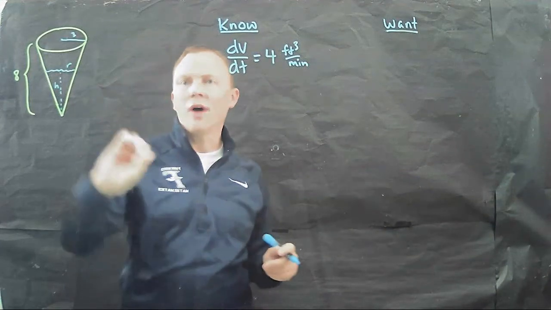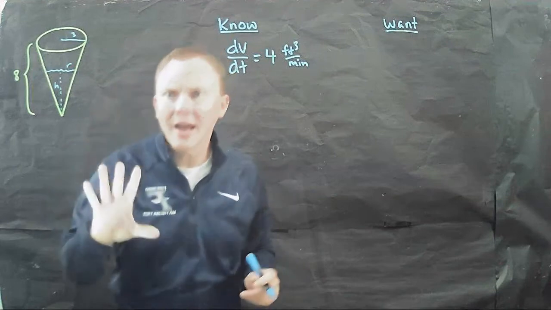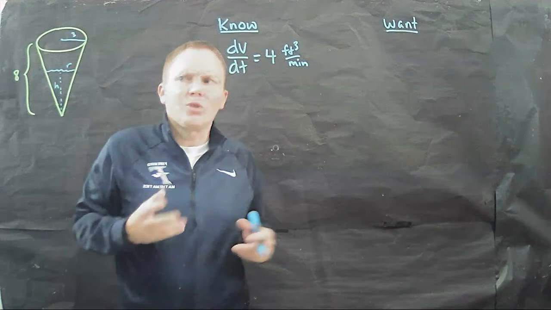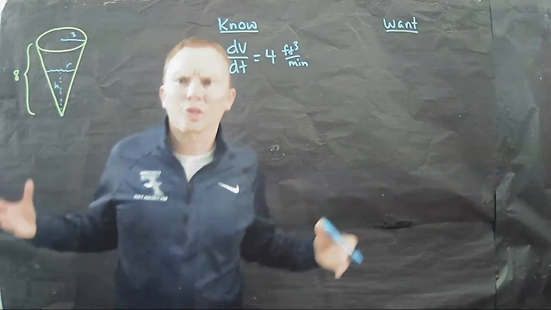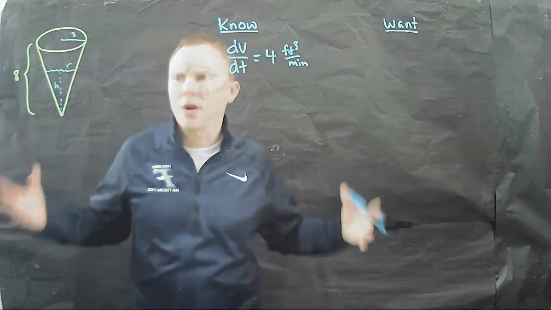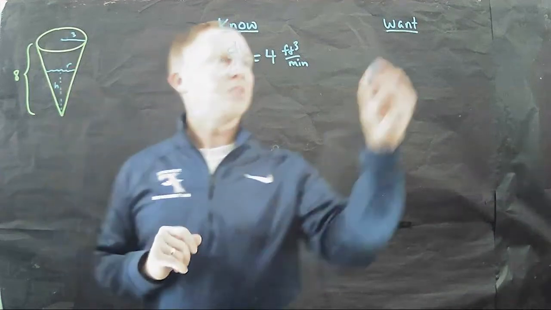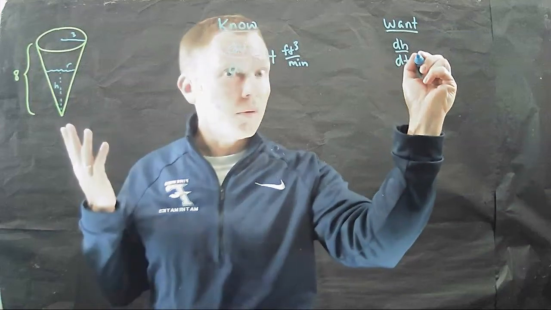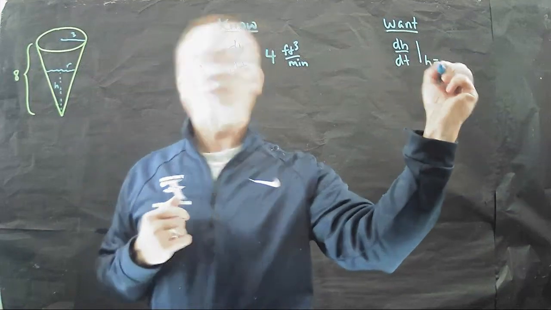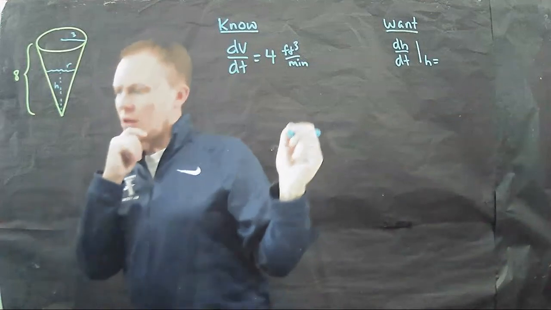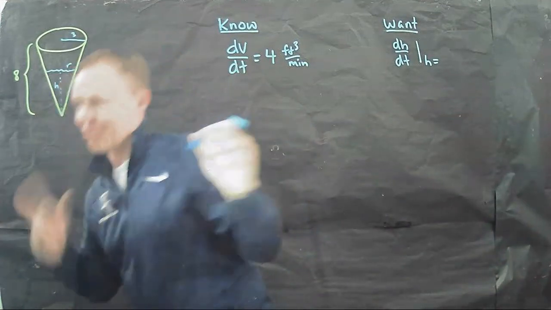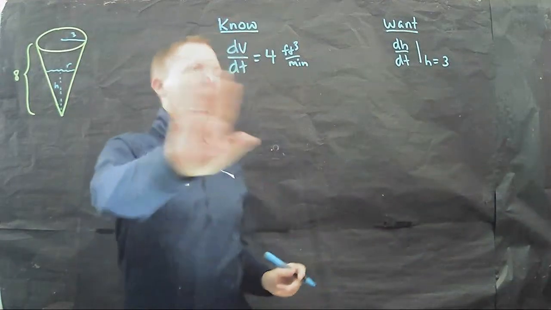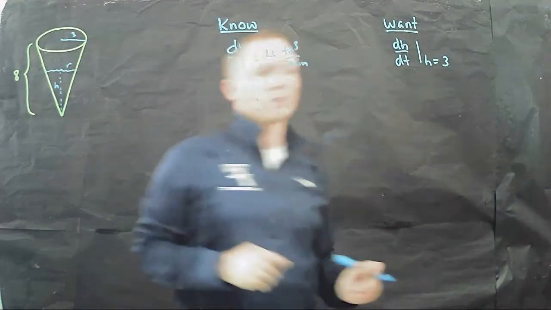So what rate is that, would you think? What rate would we describe as the rate of change of water level? Right, dH/dt. So I want dH/dt, and when do I want it? When h equals 3. Okay? So I know dV/dt is 4. I want dH/dt when h equals 3.